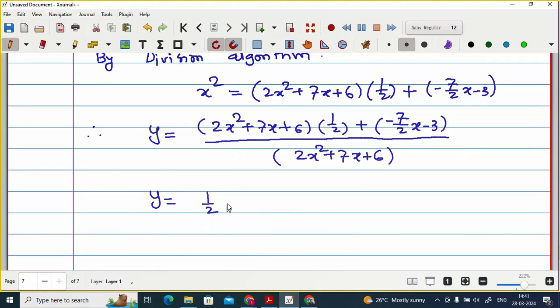What remains is 1/2 plus this minus 7/2x minus 3 upon this. So I can have that minus outside, so it is minus 7/2 x plus 3 divided by 2x square plus 7x plus 6.